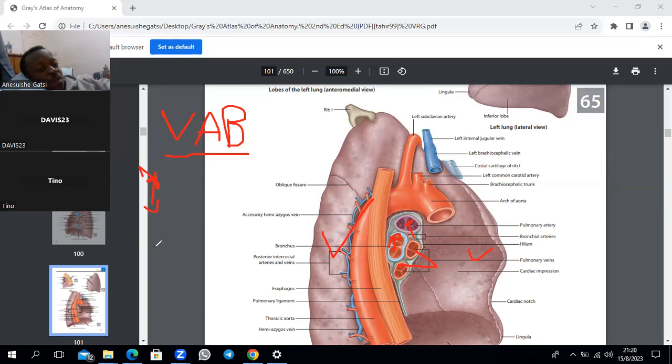From above downwards, it's ABV for the left. So the most superior is the artery, followed by the bronchus, followed by the vein. So the two mnemonics simply teach me here that the vein is the most inferior, but it's the most anterior.